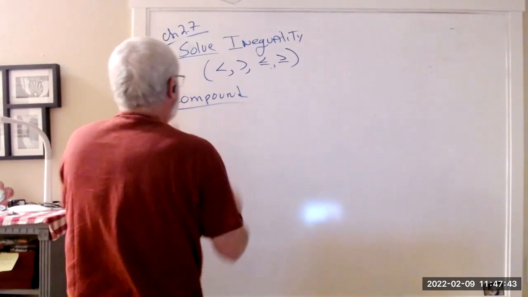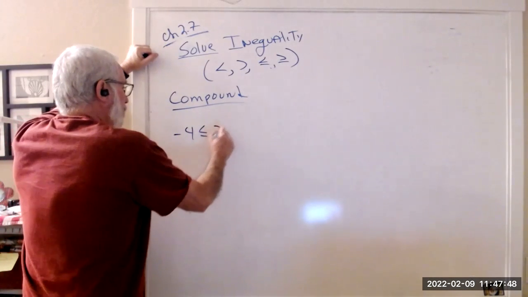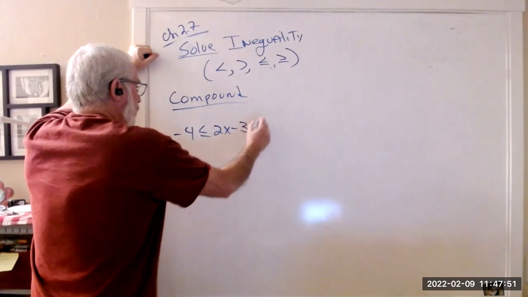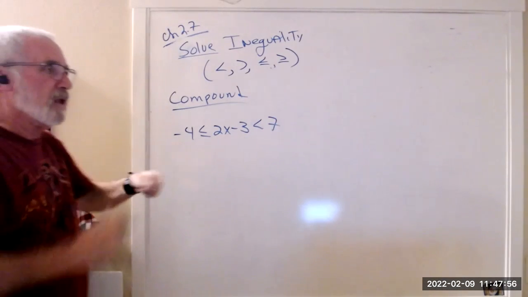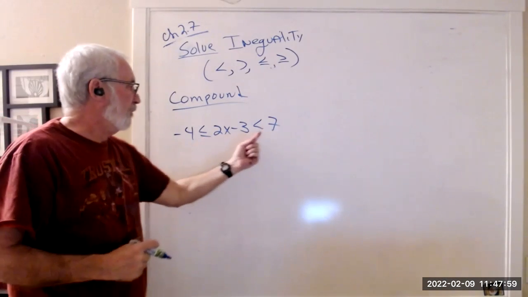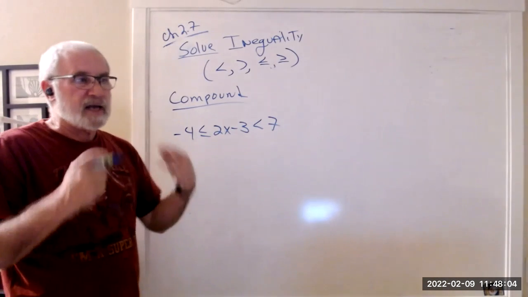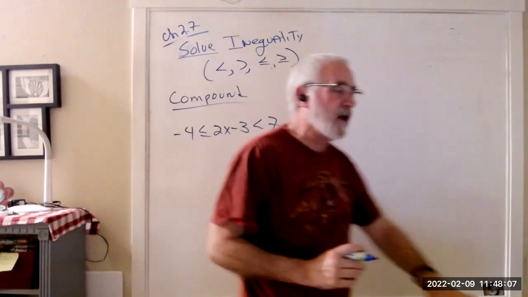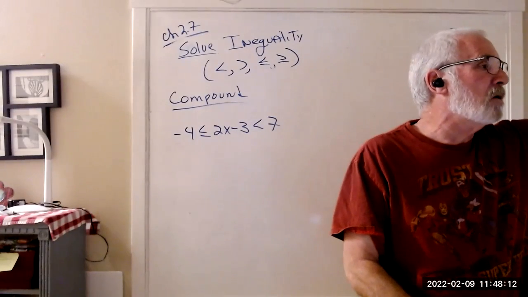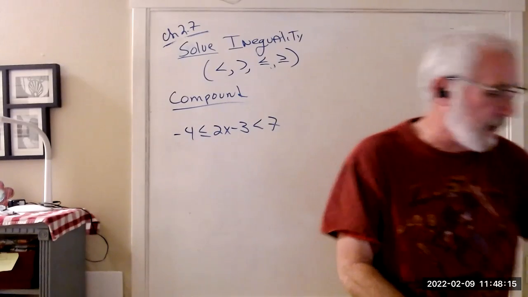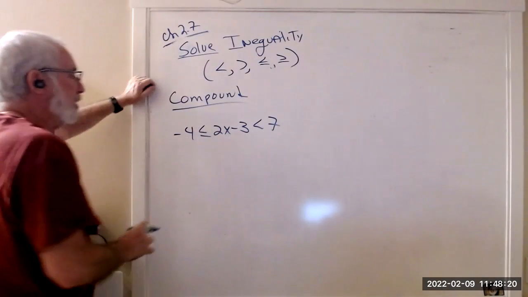The easiest way to show you a compound inequality is to show it to you. This is called a compound inequality because it's one problem, but it's got the inequality symbol written twice. And before you panic, it's really, really easy to do.